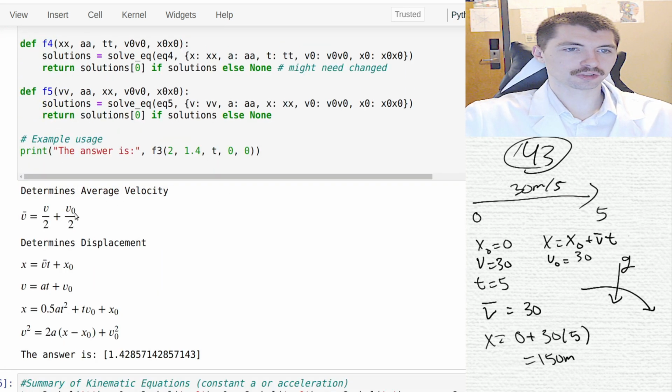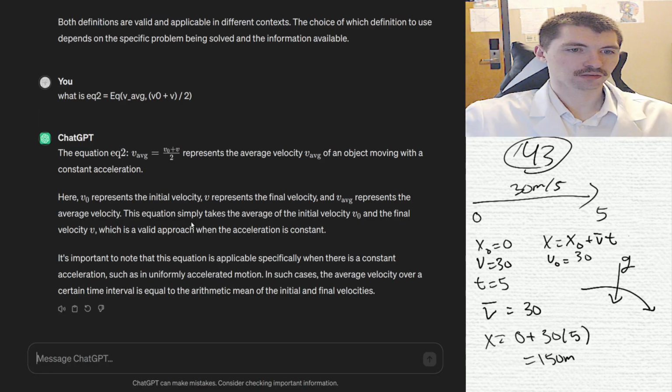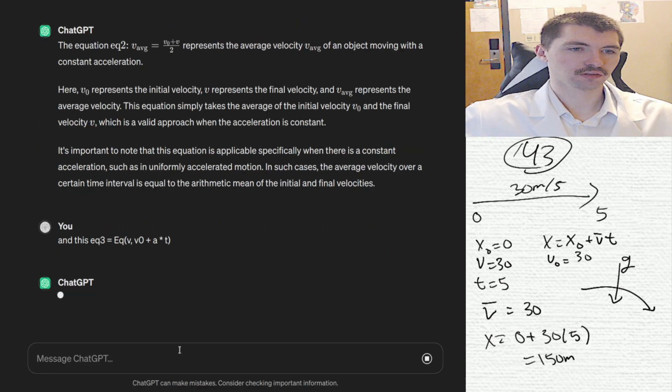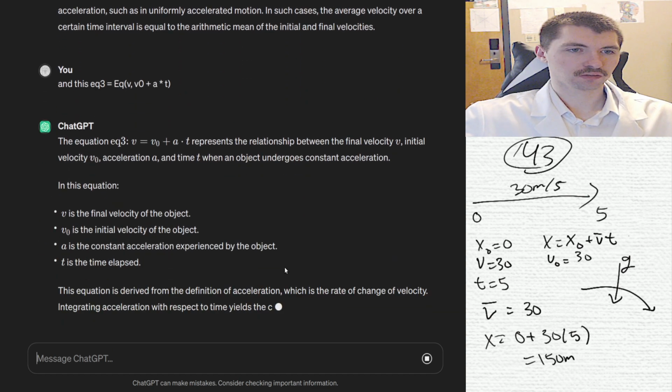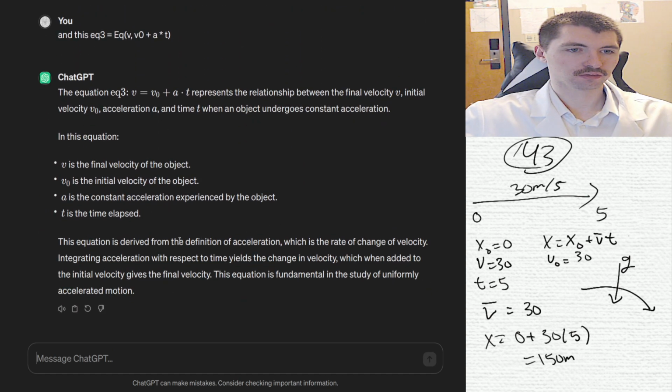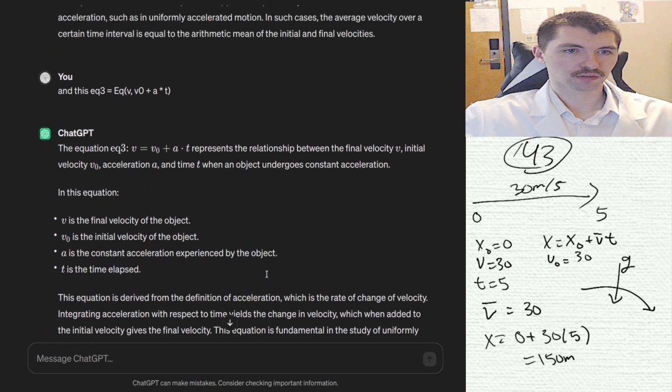So this equation determines average velocity. This determines displacement. Okay. And this, final velocity.